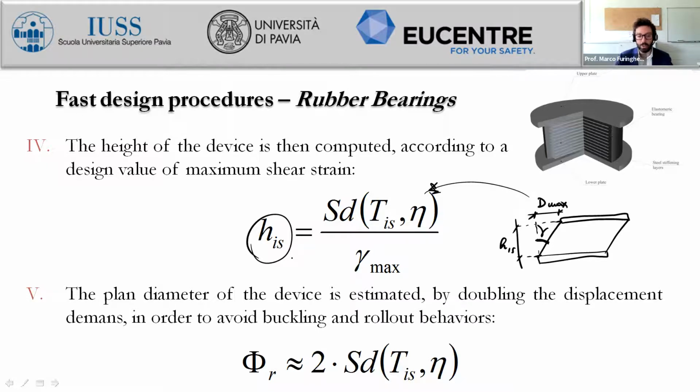This is just because we want to avoid buckling and rollout behaviors of the bearings. What I mean is that if we displace our isolator too much, what we want is to provide a sort of rubber column that provides reaction with respect to the vertical loads.